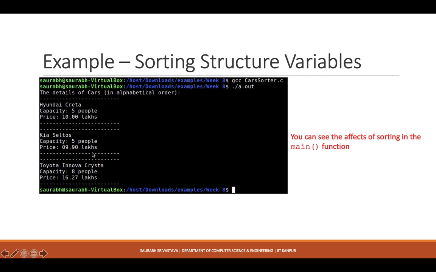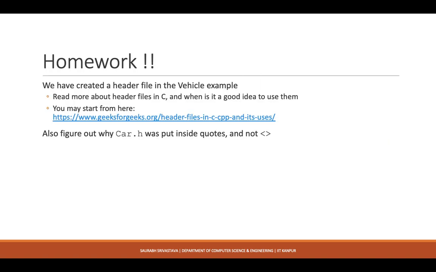If you sort the array like this, this is what you get. Essentially I'm just trying to sort them in alphabetical order based on the car names. So the idea really is that you can pass these variables to functions in exactly the same way that you pass any primitive variable.